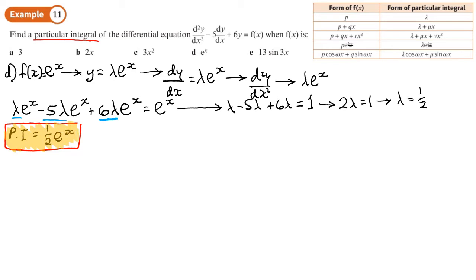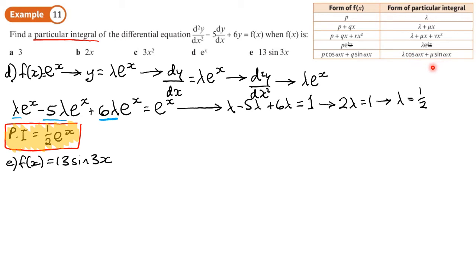Right, now on part E, where we've got f of x equals 13 sine 3x, I can see that it fits this last form here. Now don't be tempted to just write the particular integral as just this part, the mu sine omega x.